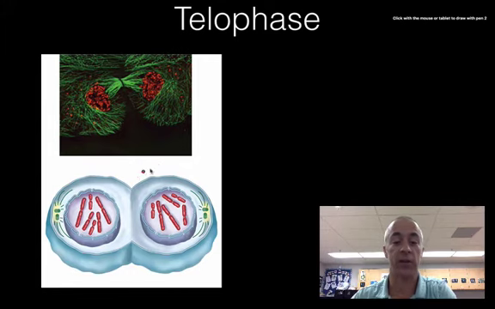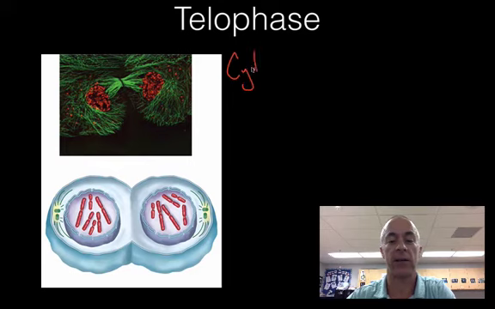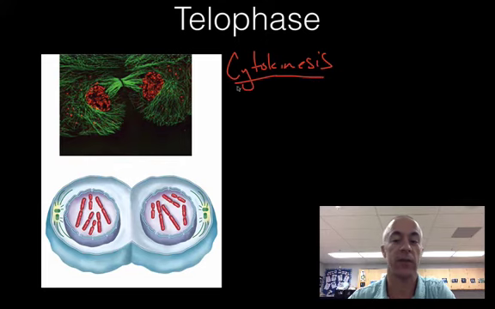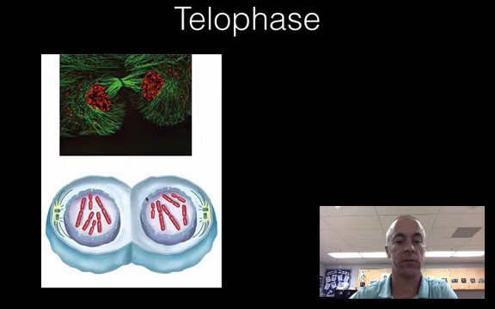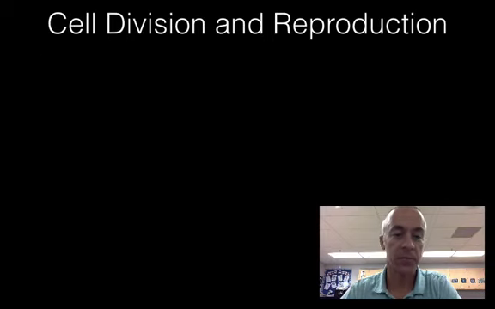Cell division occurs when we have mitosis, followed by something called cytokinesis. Cyto refers to cell, kinesis refers to movement. So cytokinesis literally means cell movement. And what you'll see here is these two cell membranes will kind of pinch off in a process that we call cleavage. And that will separate then into two new separate cells.